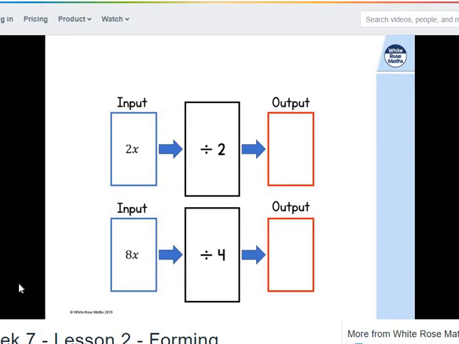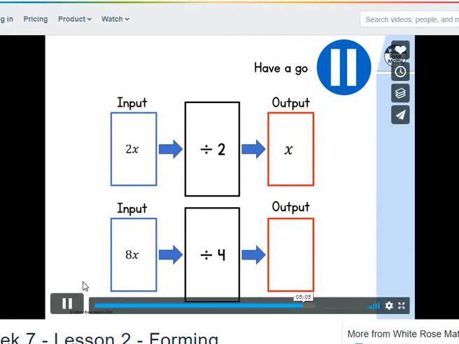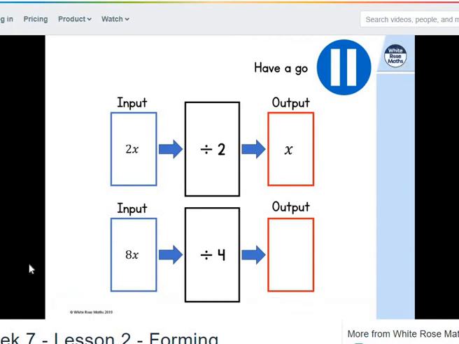Okay, one for you to think about now. What about dividing? Pause the video, can you work out the outputs? Let's have a look at the first one then. So 2x goes into the machine, I divide it by 2, and out I would get x. It was the inverse of the machine we just looked at. What about 8x?